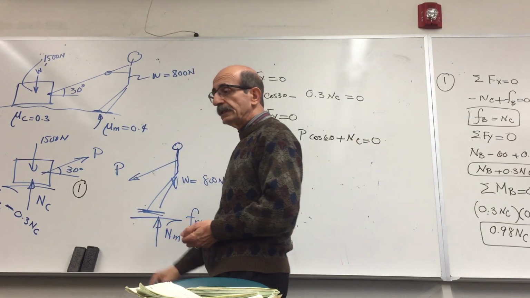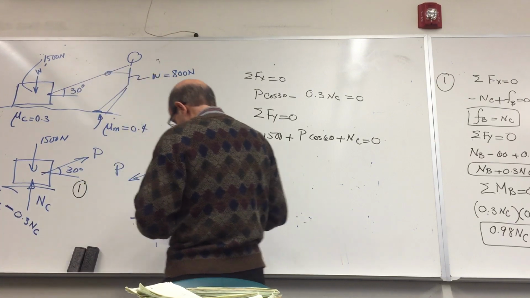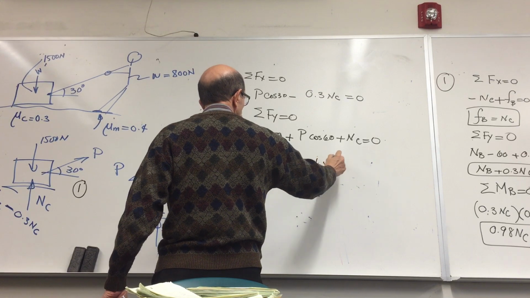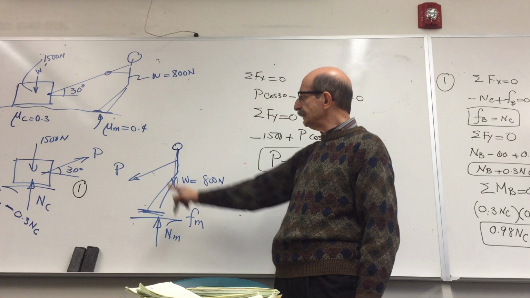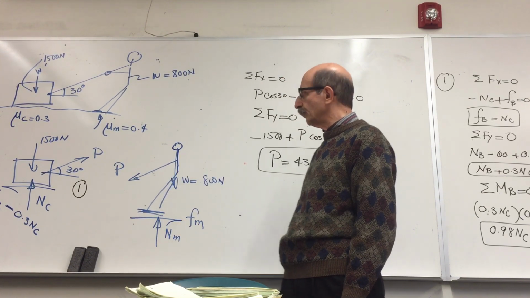So you can find P and Nc. I only find P because that's all I need. P comes out to be 434.5 Newton, which is all I need for this diagram to find the unknown that I'm looking for.